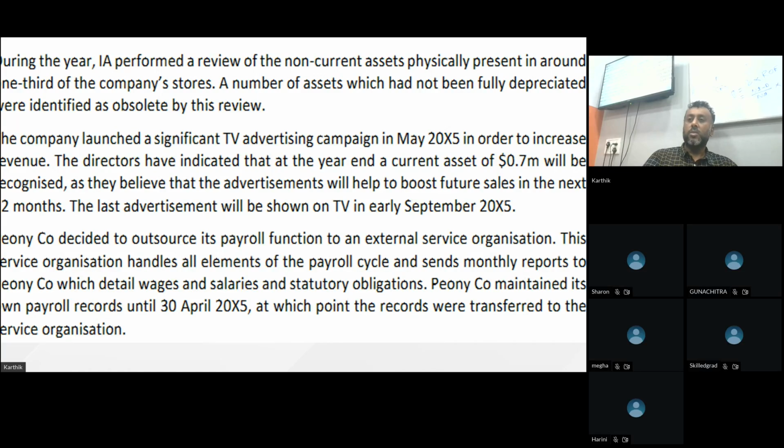Control. What is the control here in this case? Payroll. The transferred in first name.